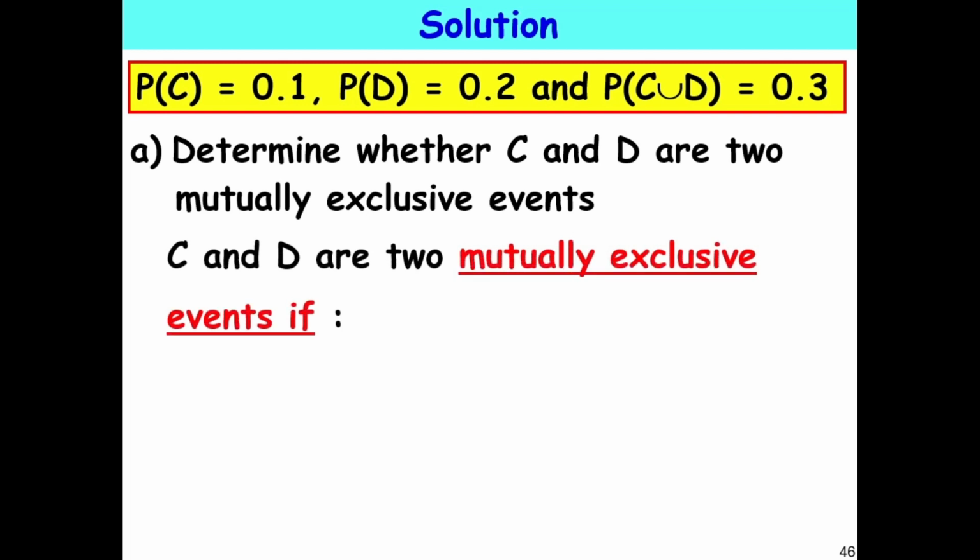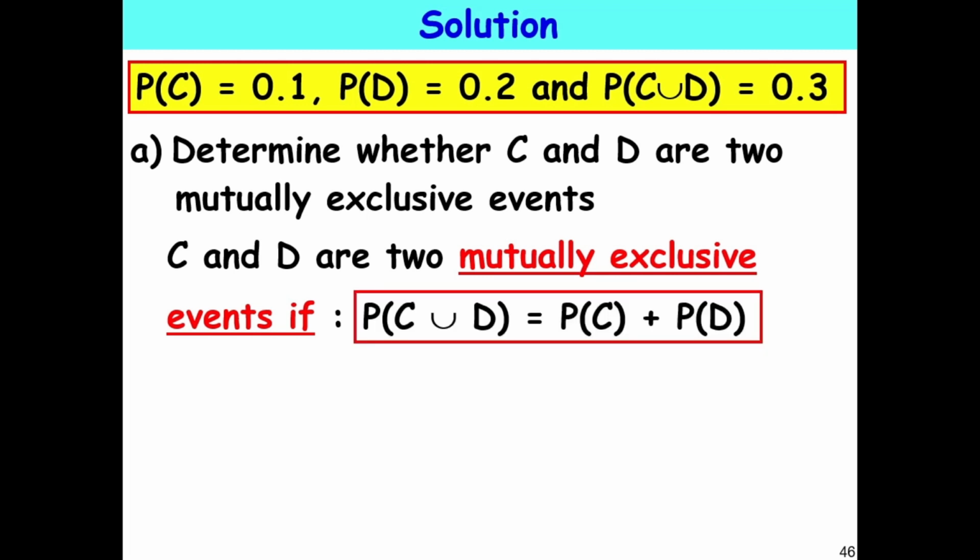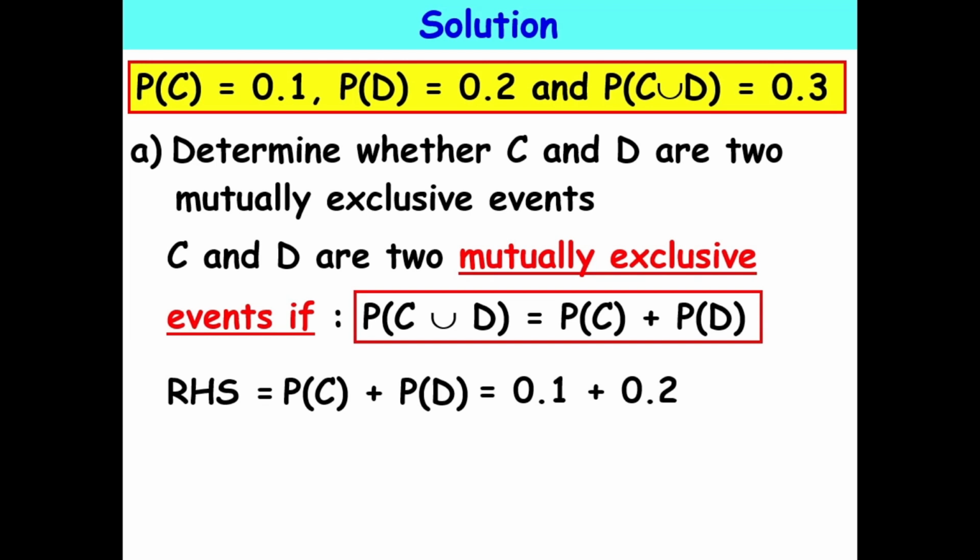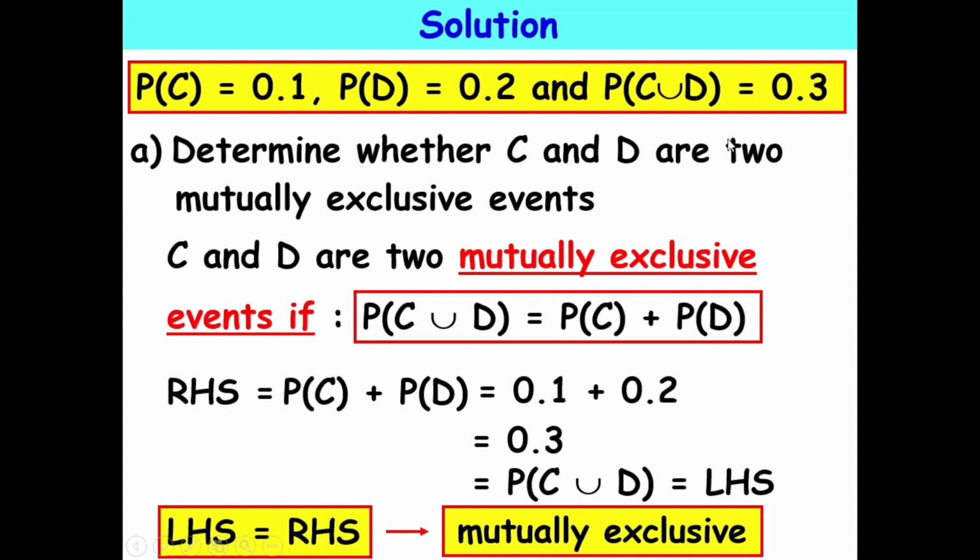The condition is C and D are two mutually exclusive events if P(C union D) equals P(C) plus P(D), when the intersection is equal to 0. I start with the right hand side. P(C) plus P(D) equals 0.1 plus 0.2, which is equal to 0.3. So C and D are mutually exclusive events.